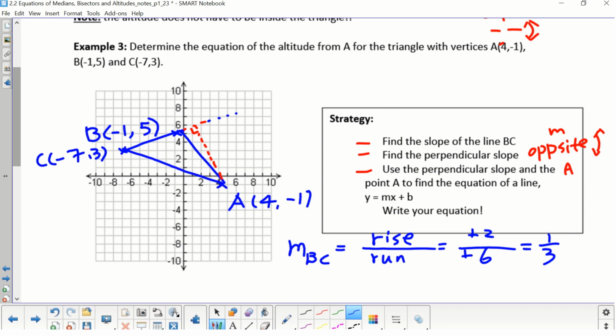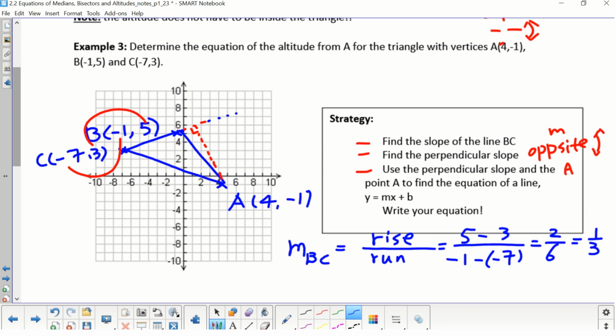Okay, and I will show step by step. So rise over run is the y difference and the x difference. Y from 3 to 5, x from -7 to -1. The difference is subtract. So 5 minus 3 and -1 minus -7 give you 2 over 6, which is 1 over 3. That is your slope.